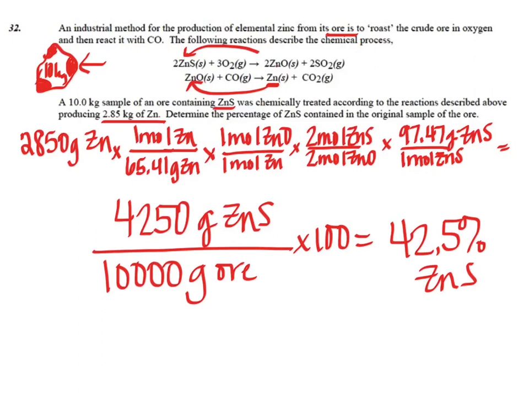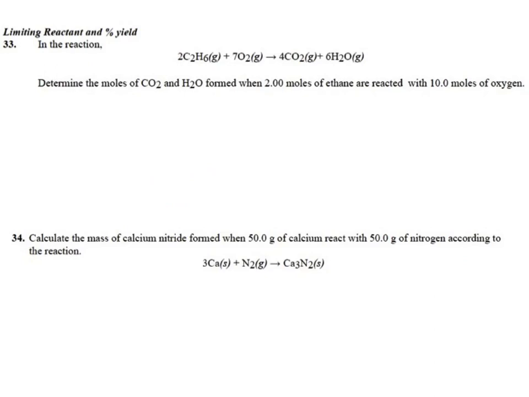Okay. The next thing I want to look at is limiting reactant. I teach limiting reactant way differently than the way you were taught in pre-AP, and I teach it a lot easier. So the first thing we need to do is read the equation.